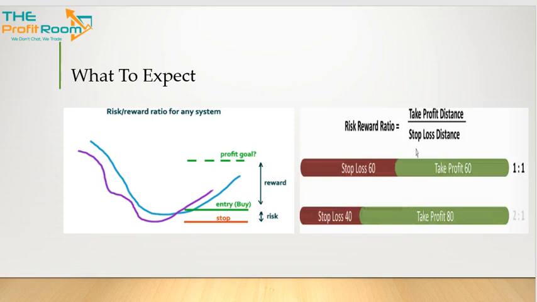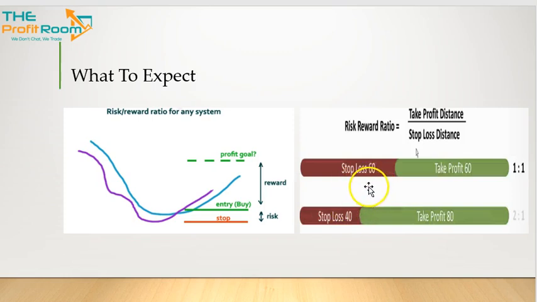So let's look at risk reward for swing trading. When you look at a stock and you see the potential for it to go to a certain price, you want to look at a risk reward ratio. In this slide, we see the formula. Risk reward equals take profit distance over stop loss distance.